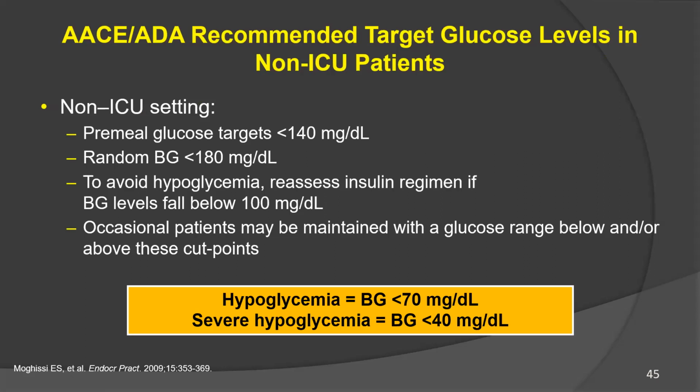So again, the pre-meal glucose target is less than 140. Random blood glucose should be less than 180. To avoid hypoglycemia, reassess the insulin regime if blood glucose levels fall below 100. And occasional patients may be maintained with a glucose range below or above these cut points, depending on the diabetologist team and the judgment of the physician.